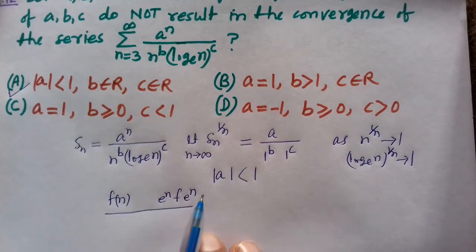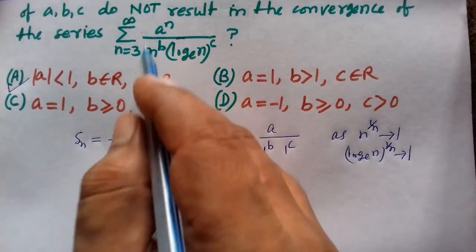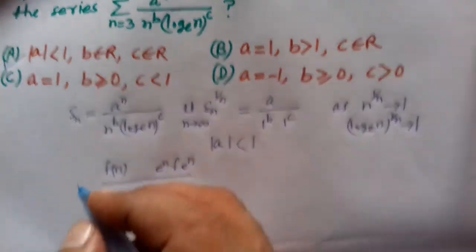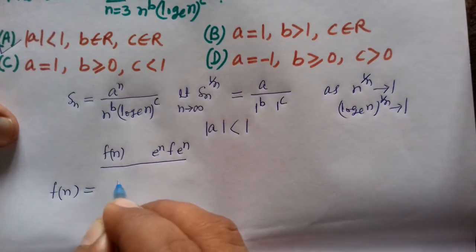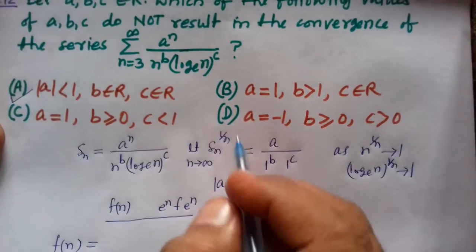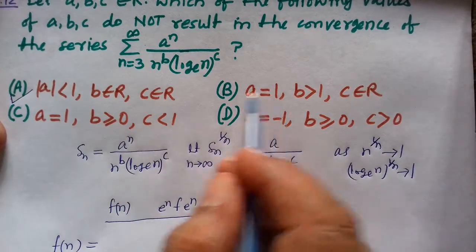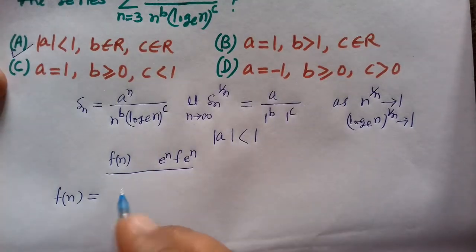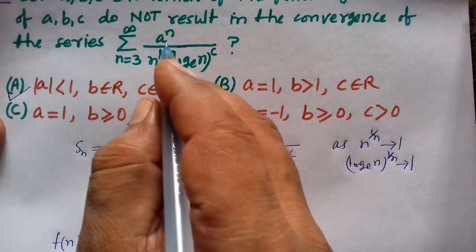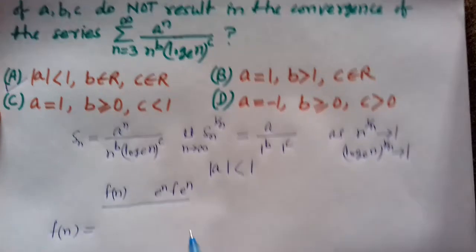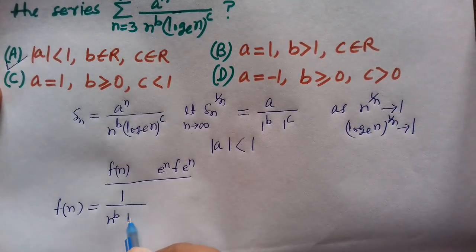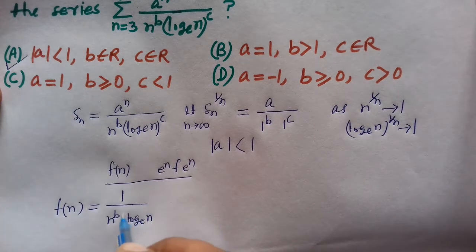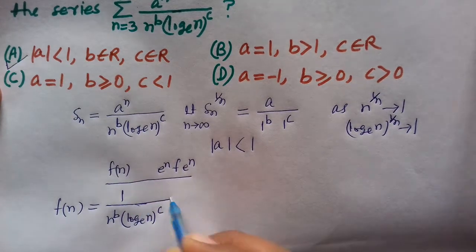So let us see. Suppose this is fn. Therefore you see in b and c, a is 1. So this thing changes. For a equals to 1, this becomes 1 by n to the power b, log e n to the power c.